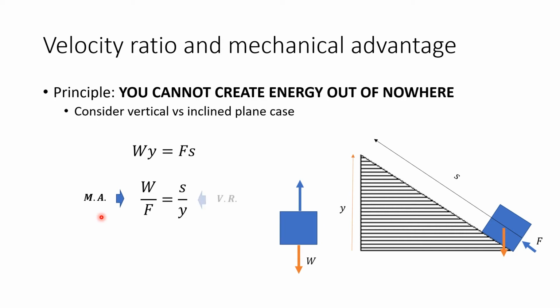This is the same as the ratio between the two distances. If you divide the distance S by the distance Y, you have the velocity ratio, which is calculated as V.R. So MA and VR should be the same theoretically, right?